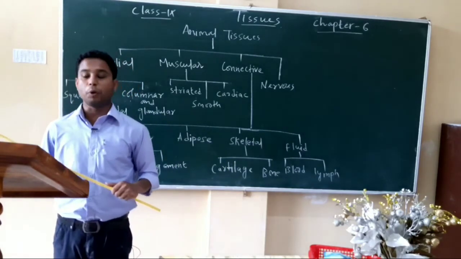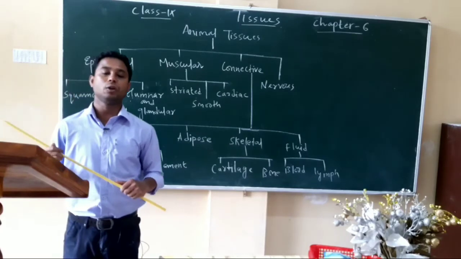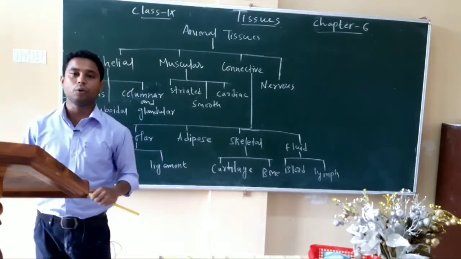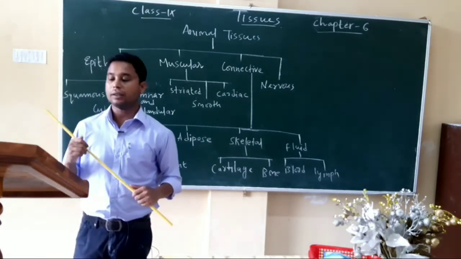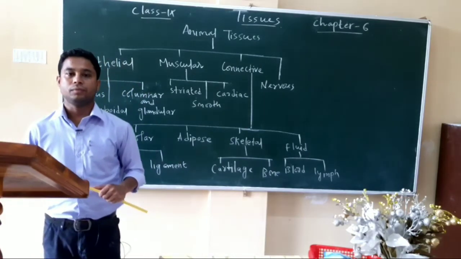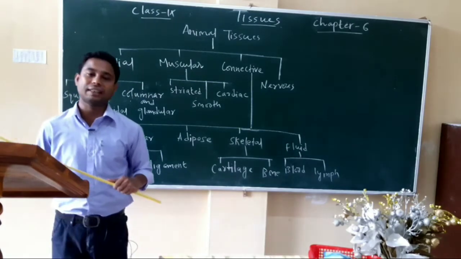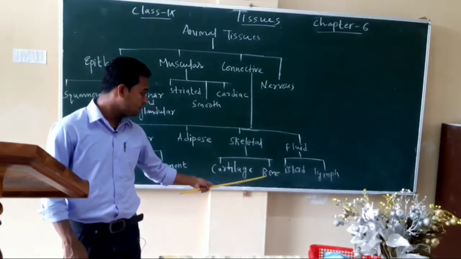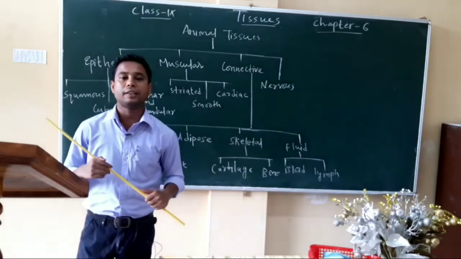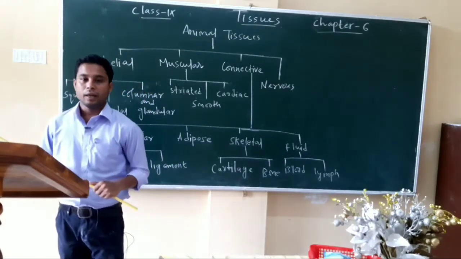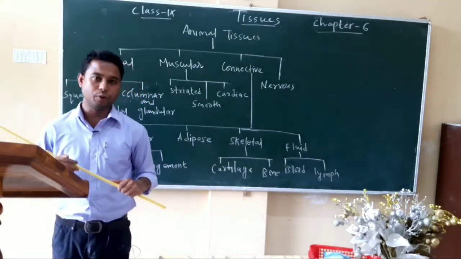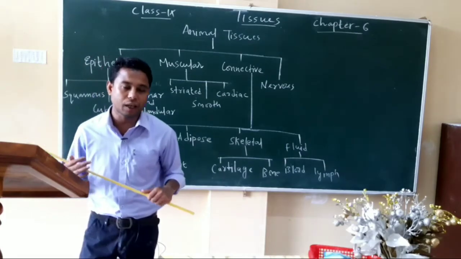Cartilage smoothens body surfaces at joints and is also present in the nose, ear, trachea and larynx. Now, bone. Bone is a very strong and non-flexible tissue. It provides shape to the body.